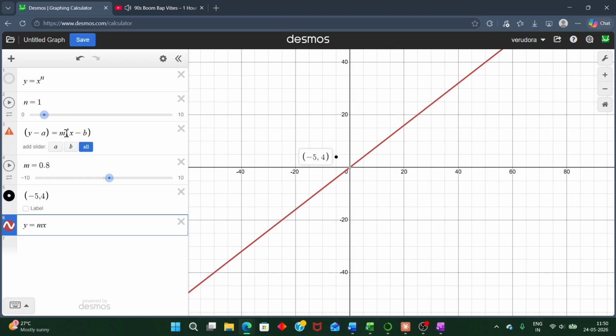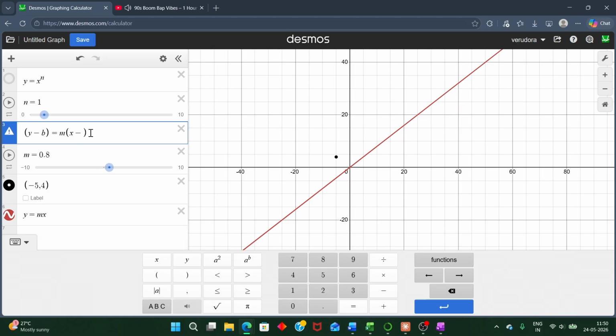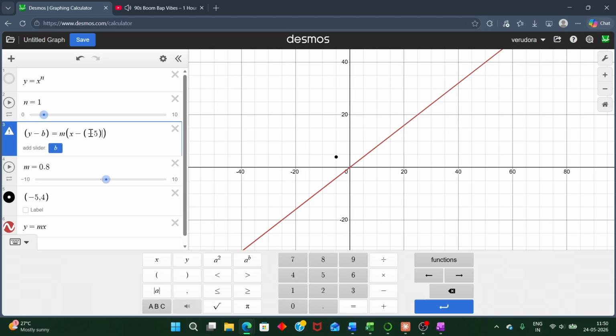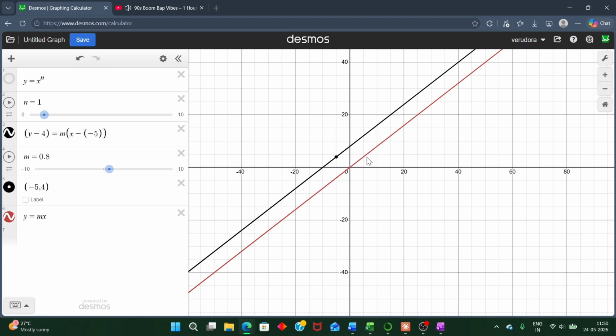So if I were to just substitute point, okay, I think it's better to make this a and this b. And if 4 is equal to b, guess what? That exact same line is you just lift it and place it over this point.